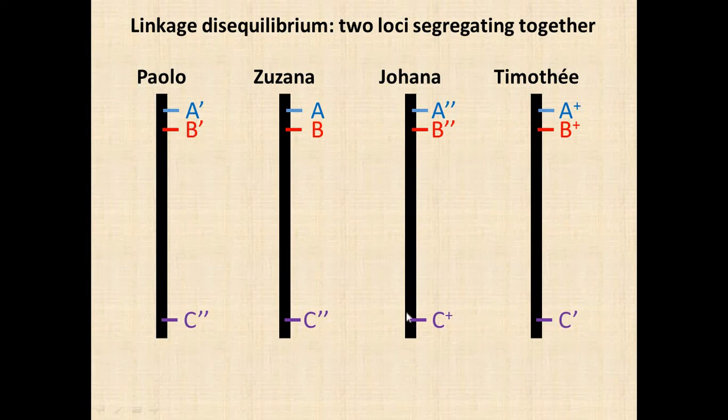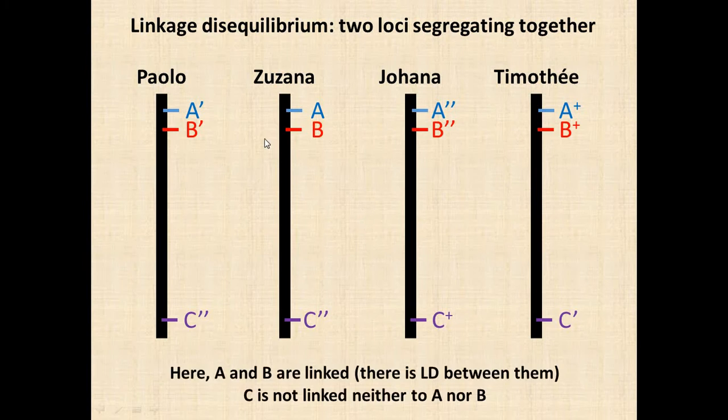And now imagine the third locus here, C, because you have plenty of recombination spots in between, then there is no chance that we can predict the allele in C when we know allele A or allele B. And as you can see, for example, C double prime can be found with this combination or this combination with no difference, and other alleles can be found even though here we have a certain type of allele. So that says that basically the C allele is completely unlinked to A and to B, because precisely there is recombination happening in between them.